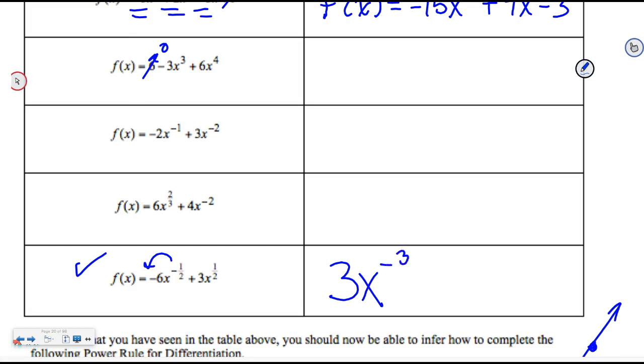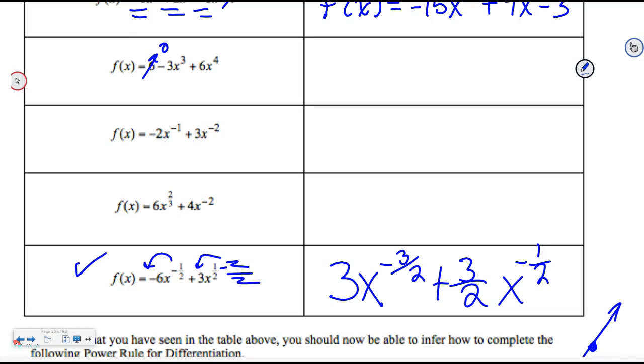Negative 3/2. Yep. And then my next one would be plus, bring this out front, 3/2 x to the, then we're going to drop this one disguised as 2/2. X to what power? Negative a half, right?